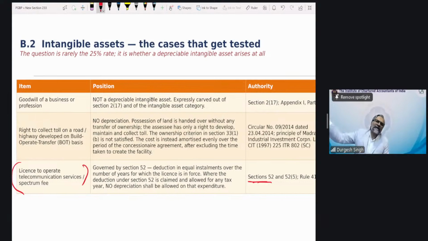The deduction is given in an amortized manner over the life of the license. So if the life of the telecom license is 10 years, 10 years amortization of the license fee that you have paid will be granted as a deduction.